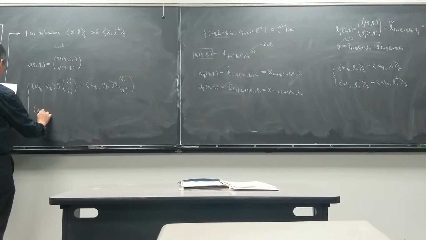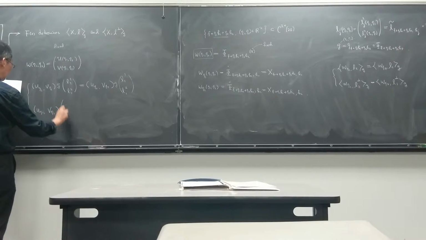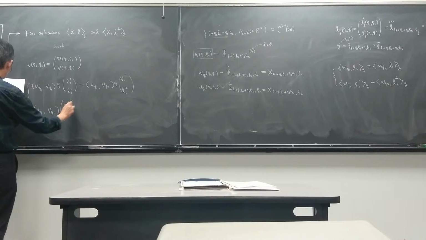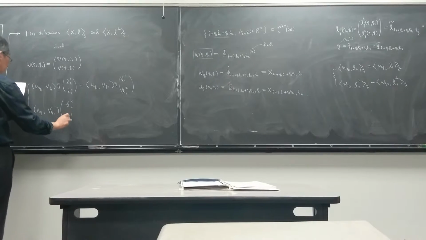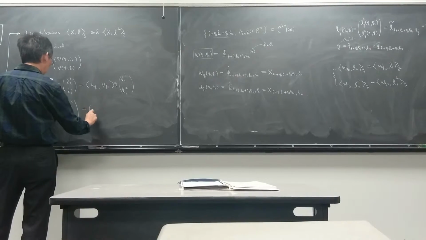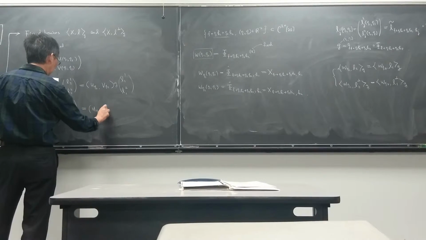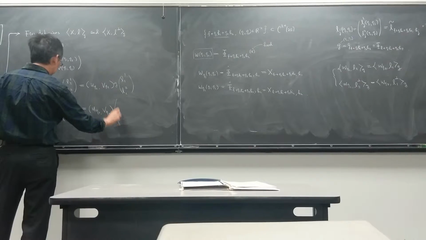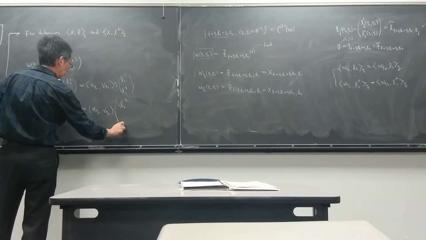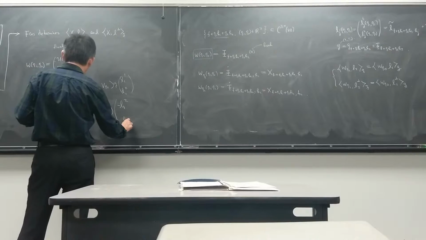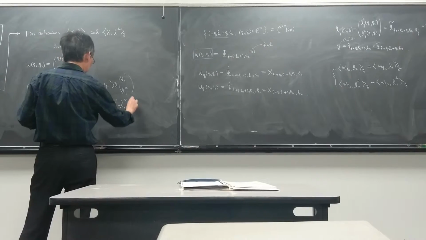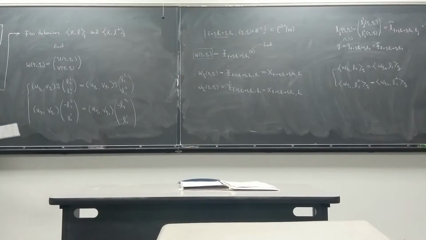It's U eta 1, V eta 1 times minus L22, L21 equals U eta 2, V eta 2 times minus L12, L11. So that's the system.